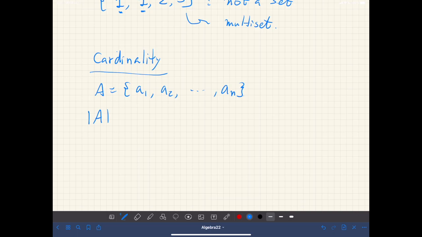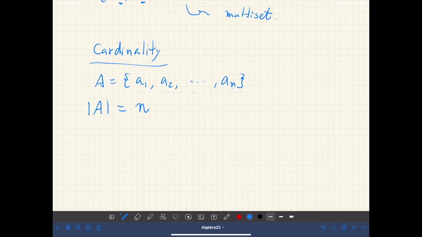It's like absolute value or modulus. Since there are n elements, the cardinality is n. So this is the case for a finite set. There are a finite number of elements. And if the number of elements is infinite, then the cardinality is infinite. But there are many kinds of infinities. So infinity is not a number, so be careful.